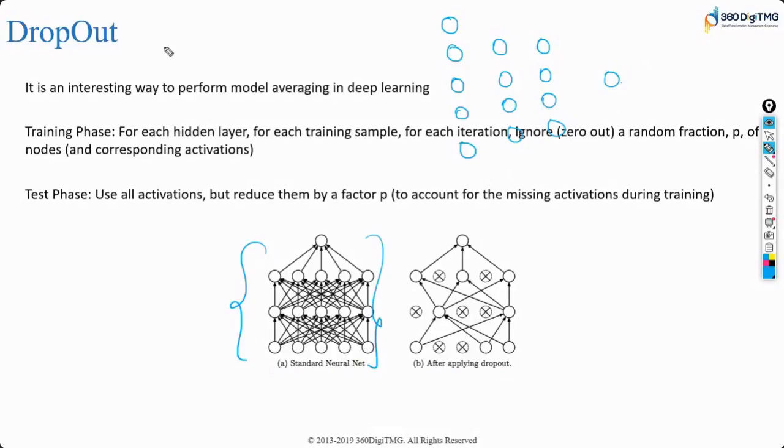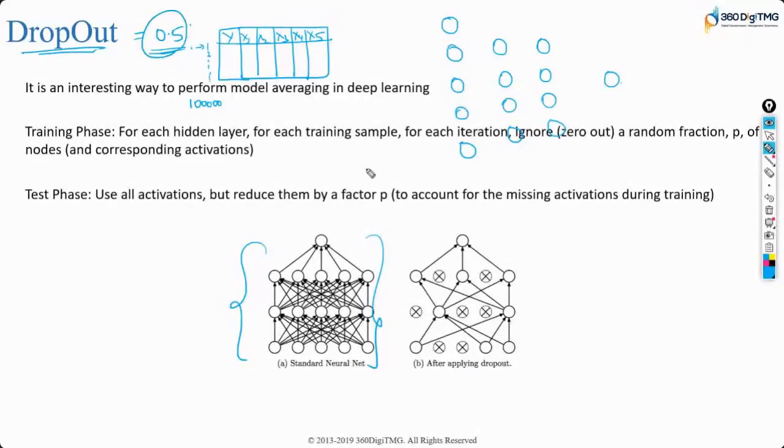For dropout, you put a condition saying that dropout is equal to, say, 0.5. What does that mean? 0.5 means when you pass each of your training examples through your network, x1, x2, x3, x4, x5, and say you also have an output variable y, and you have 100,000 examples, when you pass each row through your network, you drop randomly 50% of neurons.